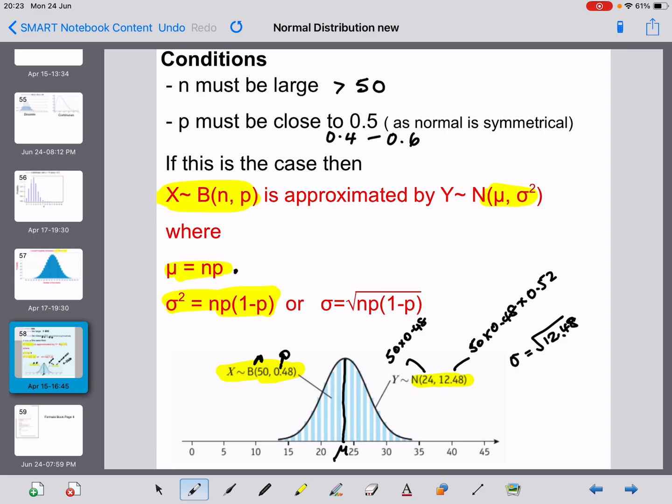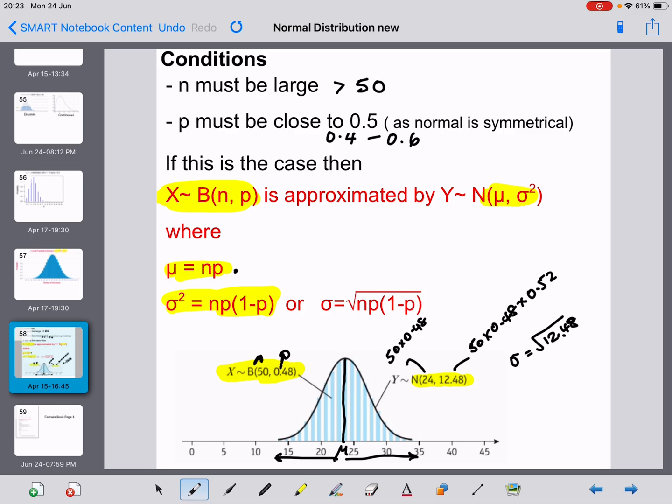And we also know that within 5 standard deviations that way, so 5 lots of 3.5-ish, and 5 lots of 3.5-ish that way, 100% of that population will sit. So all those probabilities will add up to one whole one.